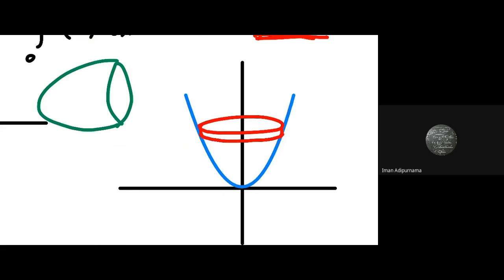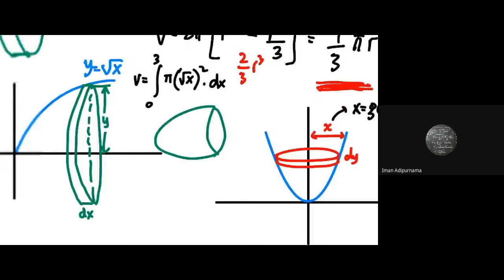Now the difference is that it's not dx but dy. We are evaluating the disk with radius x and height dy. So the radius is x. Let me write it, so we can write the function as a function of y.